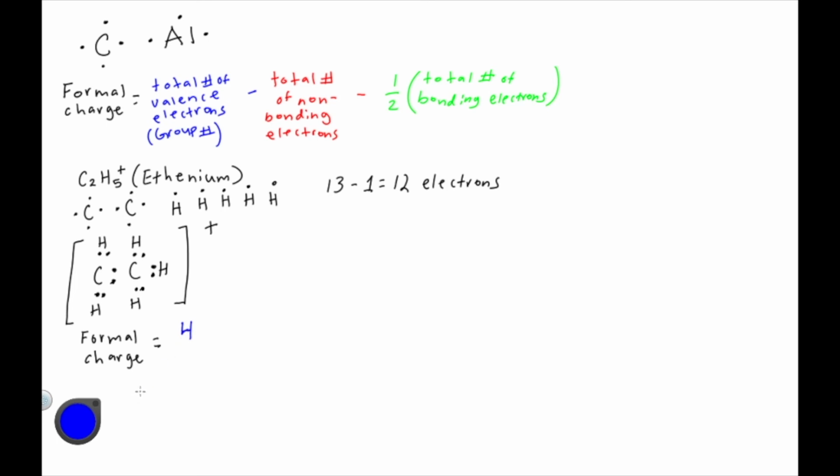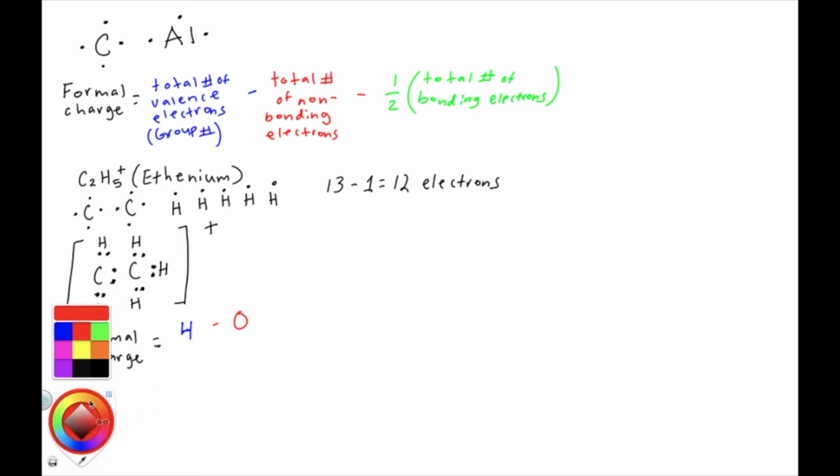And then we're going to subtract the total number of non-bonding electrons, right? So the total number of non-bonding electrons for this leftmost carbon is going to be equal to 0, right? Because all of this carbon's electrons are participating in covalent bonds, right? So there's no free electrons hanging around on this carbon.